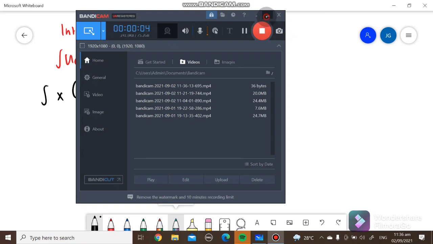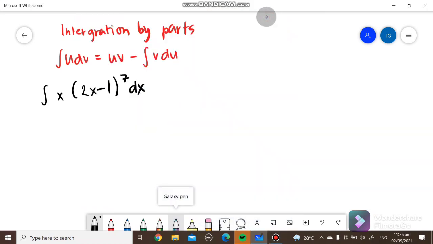So, for today's video, we will do integration by parts. The integration by parts formula is the integral of u dv is equal to uv minus the integral of v du. So, our first example would be the integral of x multiplied by 2x minus 1 raised to 7 dx.